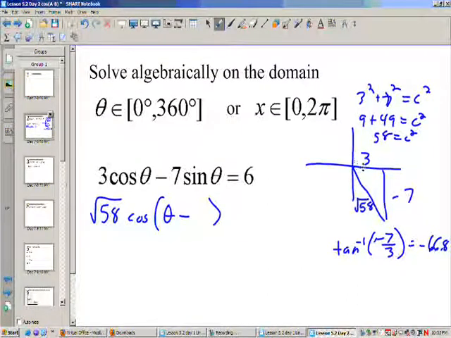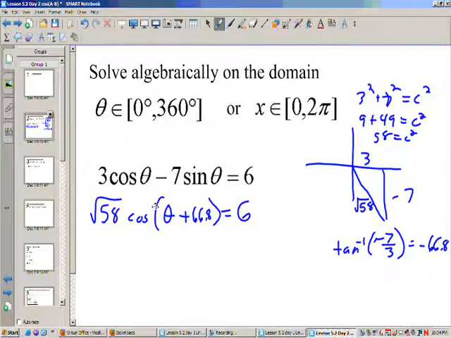And since that's right in that location, we don't have to add or subtract 180 from that, but when I put it into the equation, I have theta minus a negative, which would be plus 66.8. Now that's equal to 6.